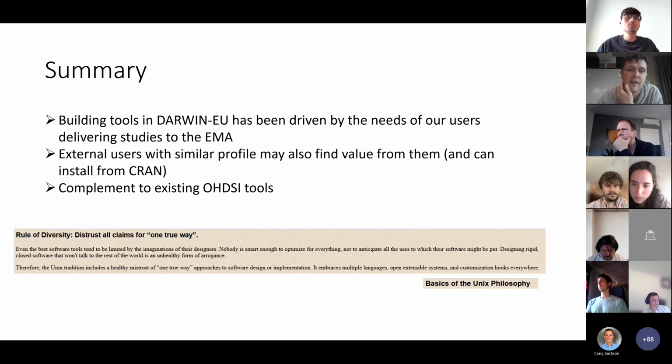For ourselves, we can see that the software we've been developing has been done in collaboration and very much with our users in mind, but a different set of users might have very different needs and requirements. So that's where that diversity of different packages, different ways of doing things can be so beneficial.